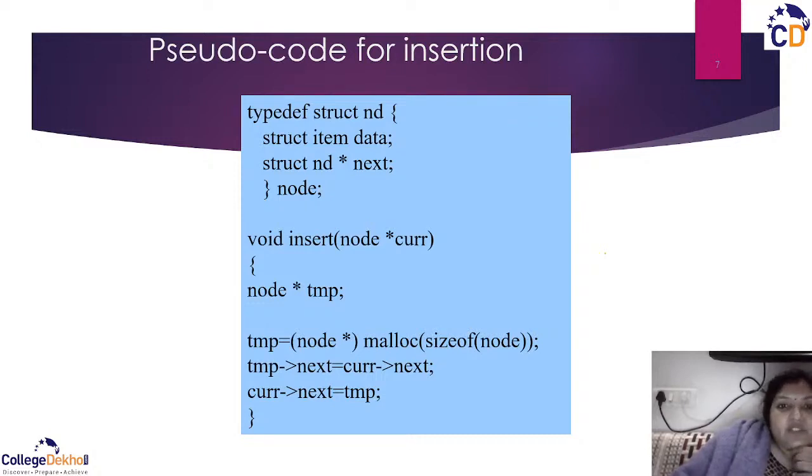You may have a structure, and the structure name is ND, and in this structure you have defined the item data, because we have two fields in our node: the data and the pointer to the next node in the list. That would be treated as a pointer, because it is holding an address.